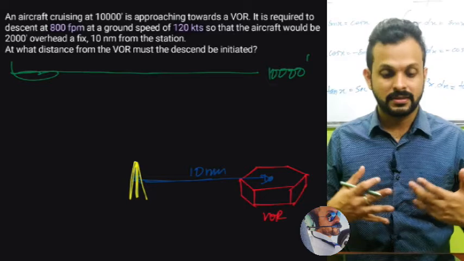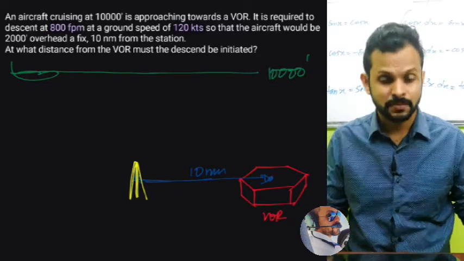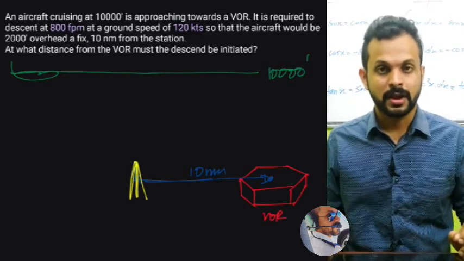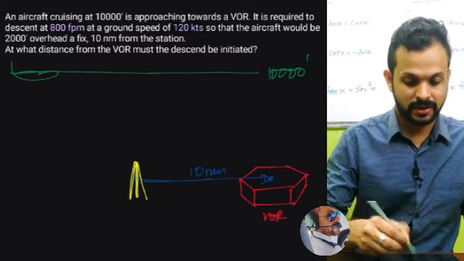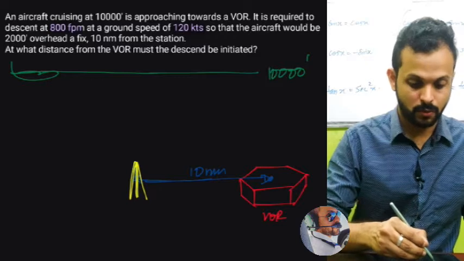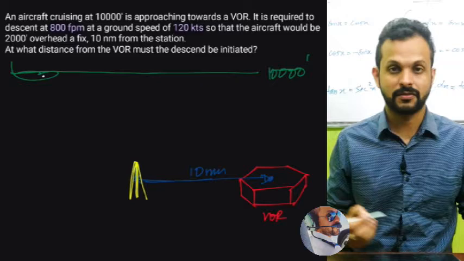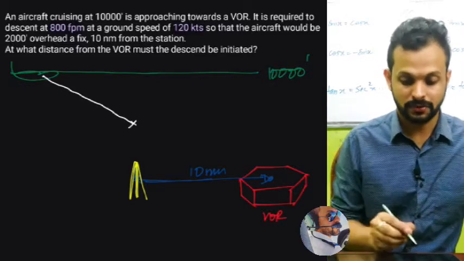Now the question says that you're required to descend at a particular feet per minute, which is the rate of descent, and at a particular ground speed, which is the true ground speed of the aircraft, in such a way that while you reach overhead the fix, possibly let me use a different color, the aircraft has to be at a height of 2,000 feet.